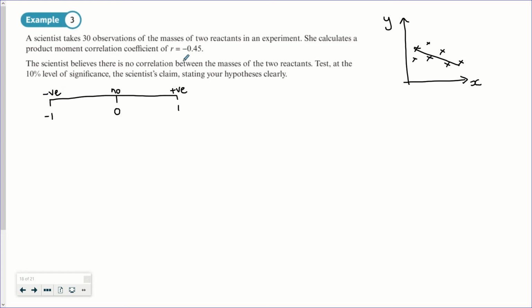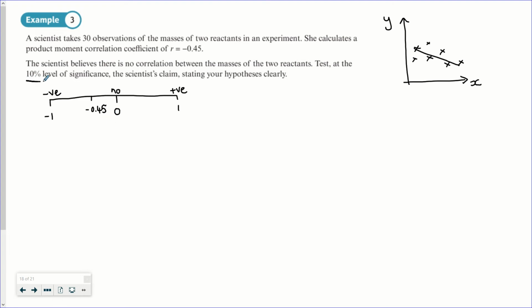So we're at minus 0.45, somewhere here. So the scientist believes that there's no correlation between the masses of the two reactants. So the scientist believes that that's close enough to 0 to conclude that there's no correlation.